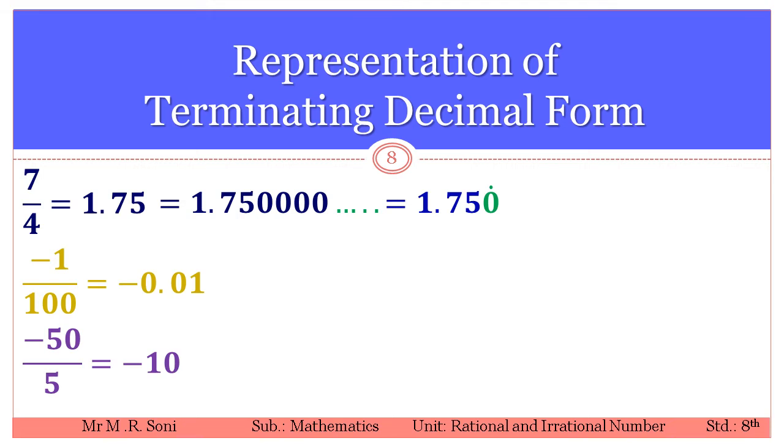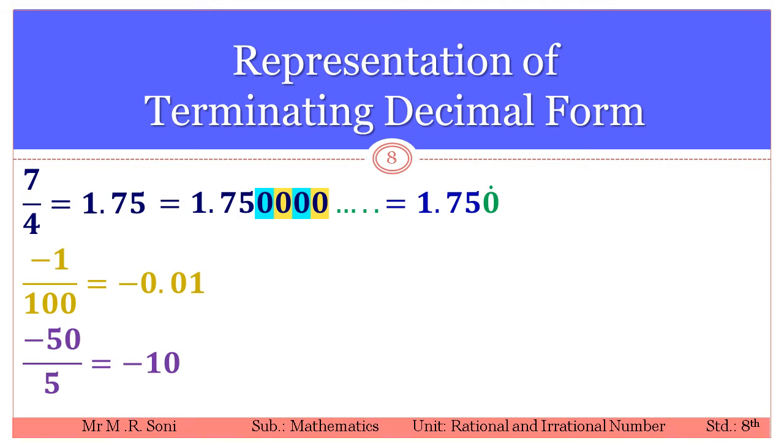Now, as 0 is the sole recurring digit in 1.75000, it can be represented by putting a dot above the 0, like 1.750 dot, as shown in the picture.